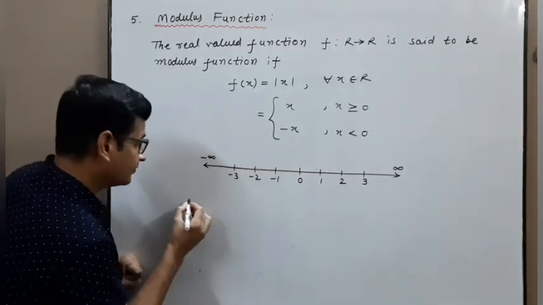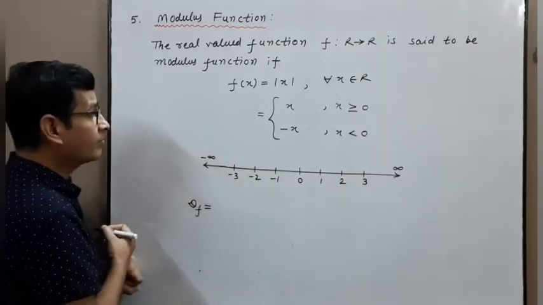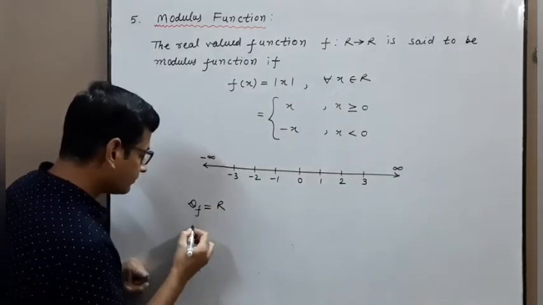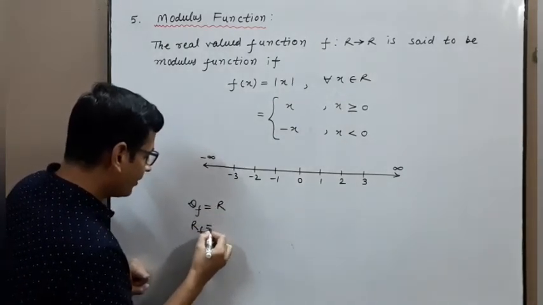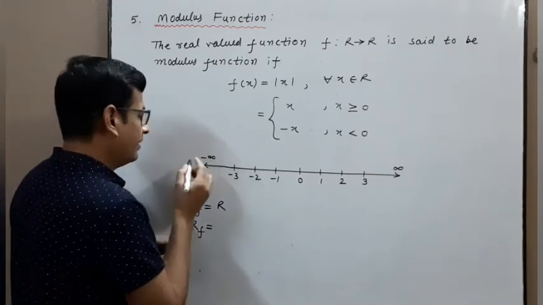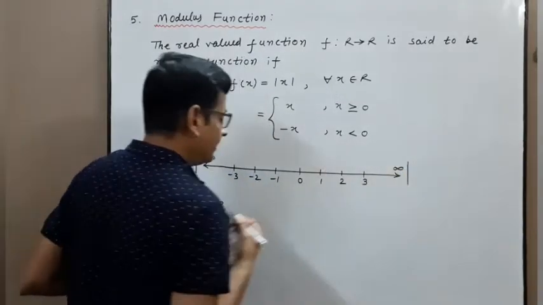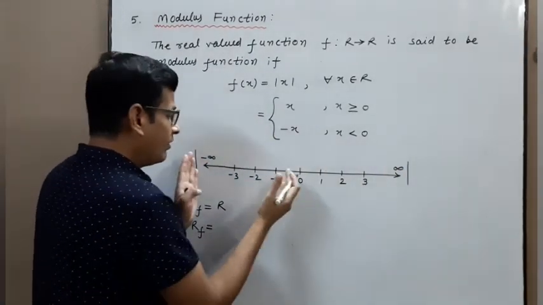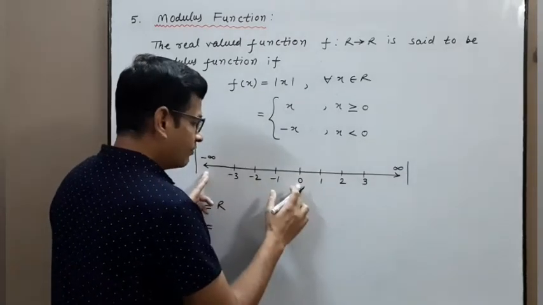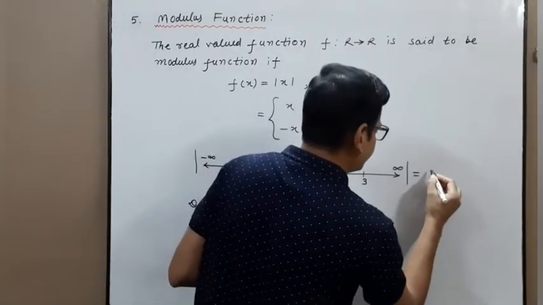And now the domain. The domain of the modulus function is the set of real numbers. And the range of the modulus function: taking mod on both sides on the number line, when we take mod, all negative numbers convert into positive numbers, meaning minus infinity to 0 converts into 0 to infinity.